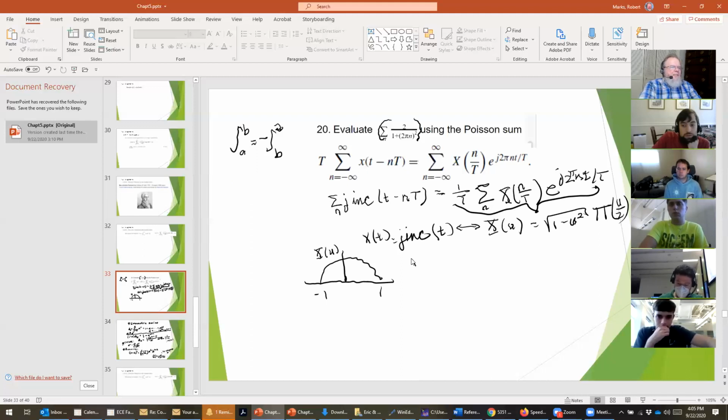So what is x of nT? X of nT corresponds to samples of this at intervals of what? 1 over T, right?